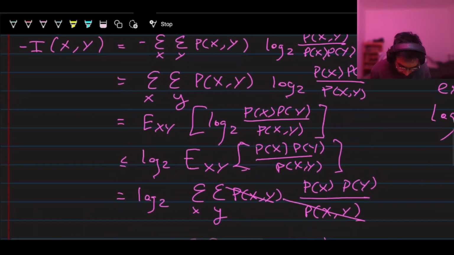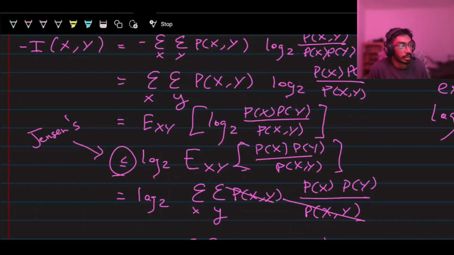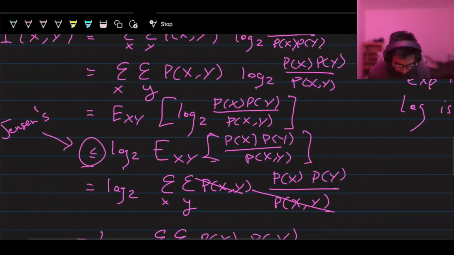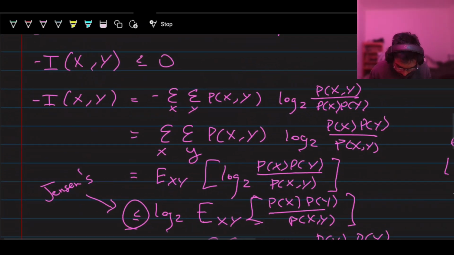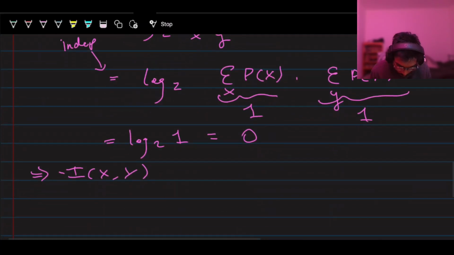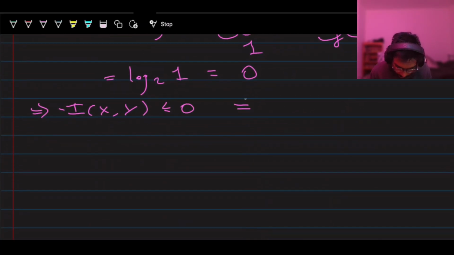But we have Jensen's inequality here, which says that switching an expectation and a convex function will always be greater than what it was, or switching an expectation and a concave function will always be less than what it was. So we have that our negative mutual information is always less than 0, so our mutual information is always greater than 0.